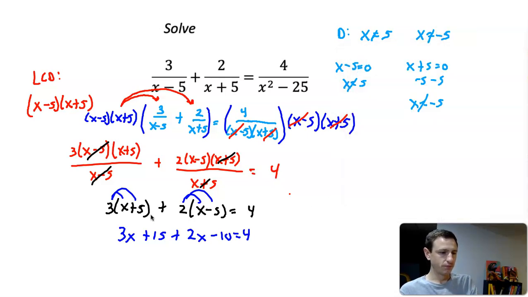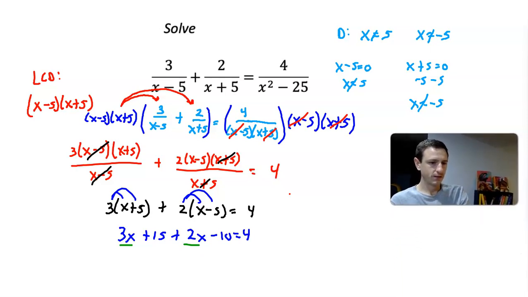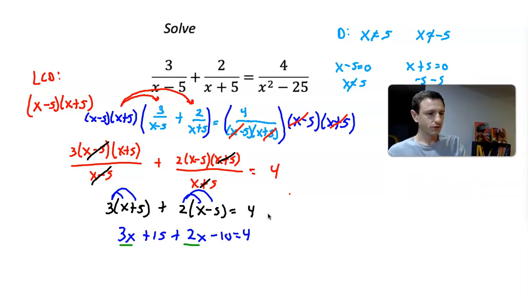Then we just have some solving to do. So multi-step equation, like I said, that's the whole goal. We want our denominators to wipe out, leaving us with a very manageable multi-step equation. So we're going to have 3x plus 2x, which is 5x, and then 15 minus 10, which is 5, equals 4.